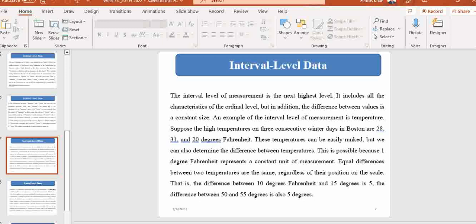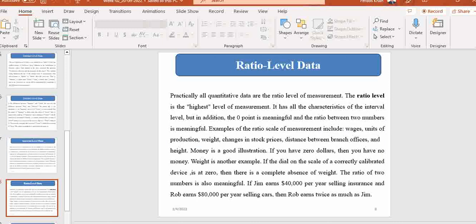Equal differences between two temperatures are the same regardless of their position on the scale. That is, the difference between 10 degrees Fahrenheit and 15 degrees Fahrenheit is 5. The difference between 50 and 55 degrees is also 5 degrees Fahrenheit. The next and the highest level of measurement scale is ratio level data.